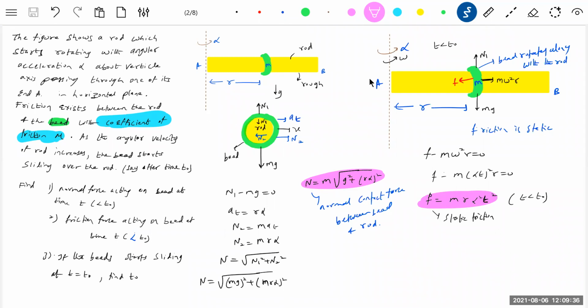How to get the time at which it will slide? I think we should take help of this condition. You are asking, sir, are you looking at this question? Find if the bead starts sliding at t equal to t naught, find t naught. The t naught you have to find out.